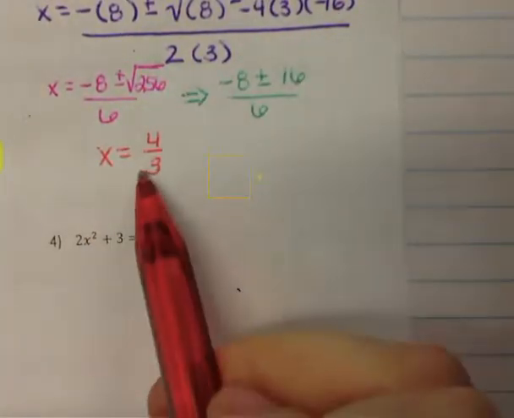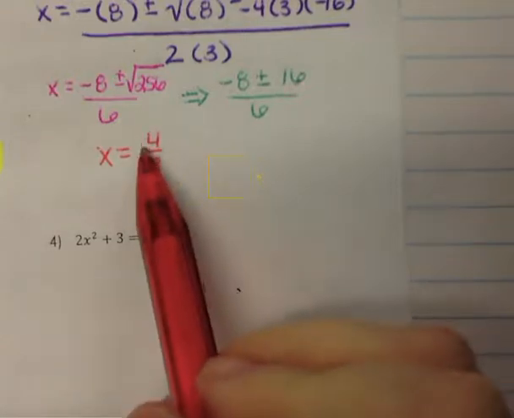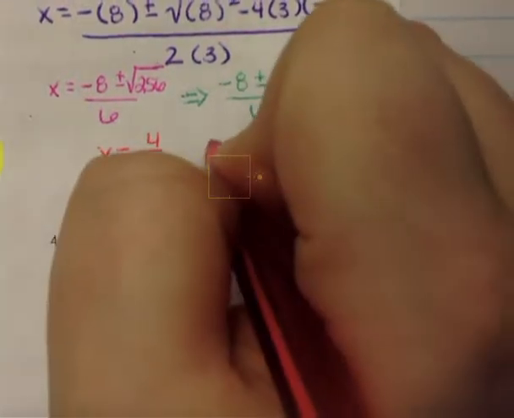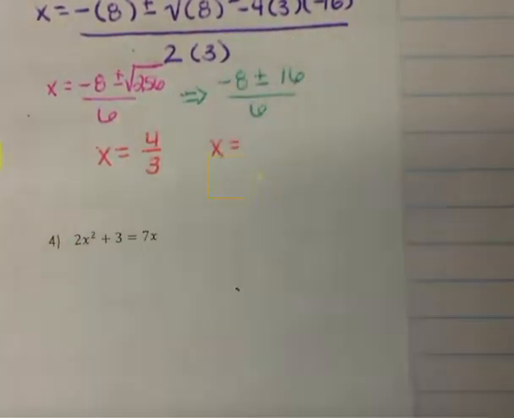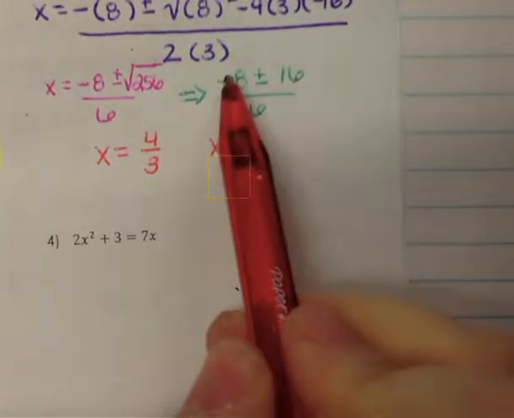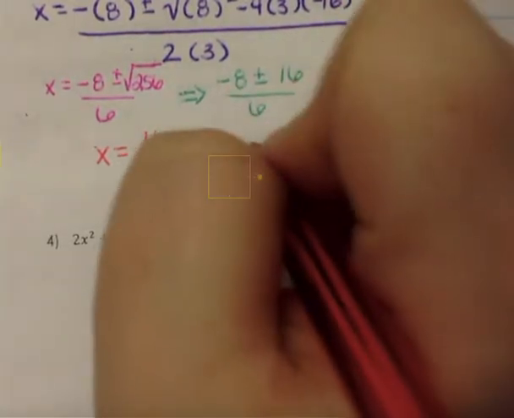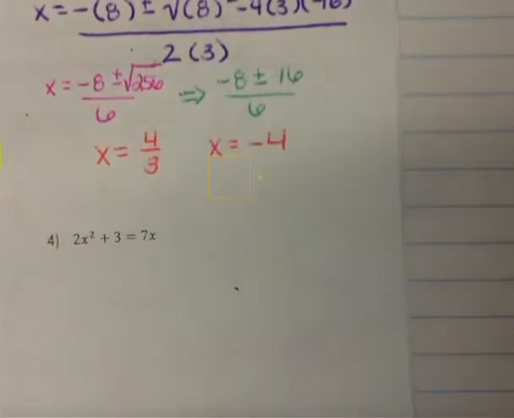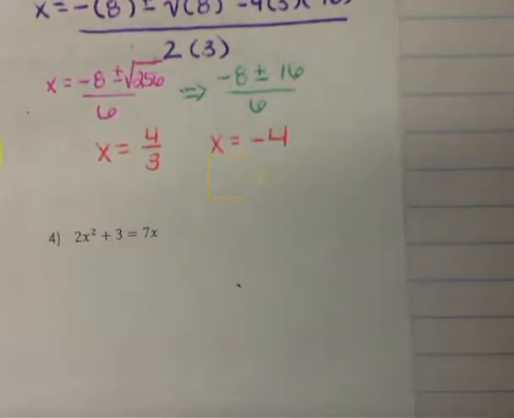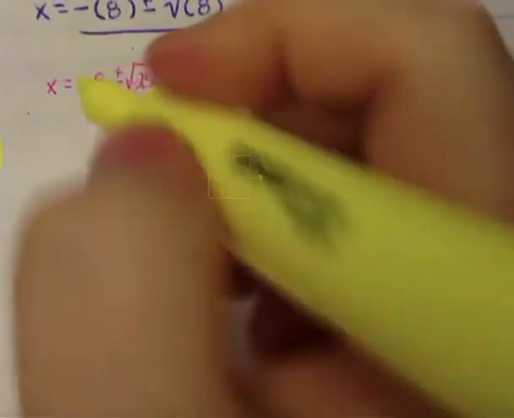So positive 8 divided by 6 is a positive 4 over 3. That is still a rational answer because it can be written as a fraction. Then x equals negative 8 minus 16, which is a negative 24, divided by a positive 6 is a negative 4. So our two solutions are positive 4/3 and negative 4.